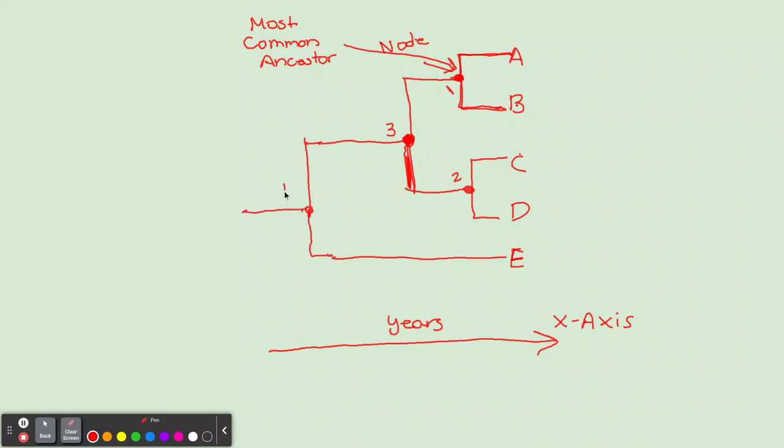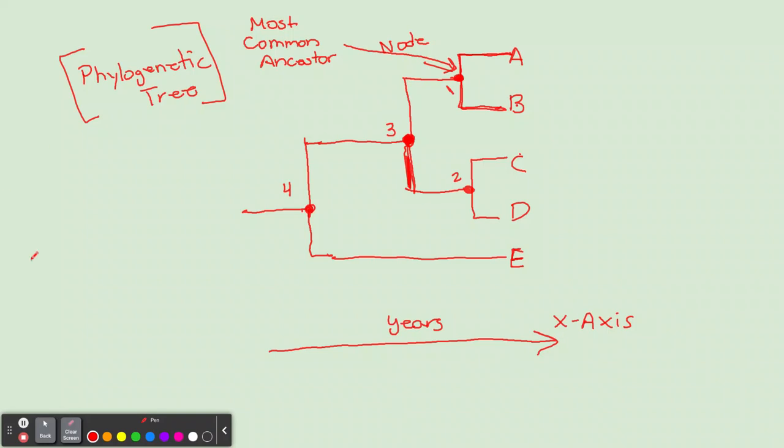So we have another node, node 4. So at one point in history, we know that node 4 was the common ancestor of A, B, C, D, and E. So that's a phylogenetic tree. Let's write that down. Phylogenetic tree, an evolutionary tree. So that's just a basic one.